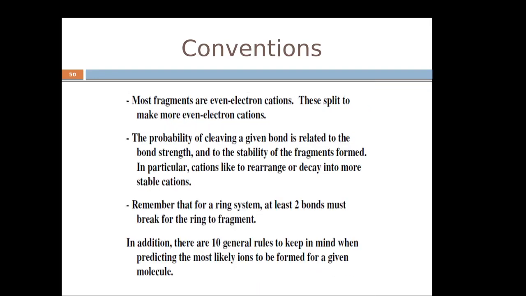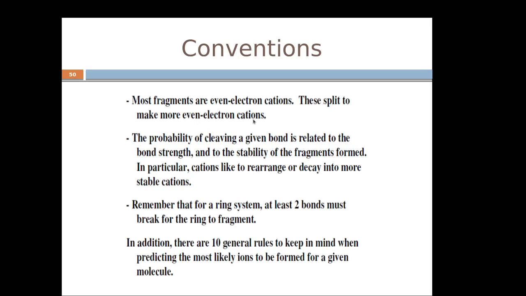So the general rule of thumb is that most of the fragments formed by electron impact ionization are even electron cations. Cations generally do have even electrons, so we usually represent this one by M plus. Since these cations possess higher energy, they are most likely to split into more even electron cations.